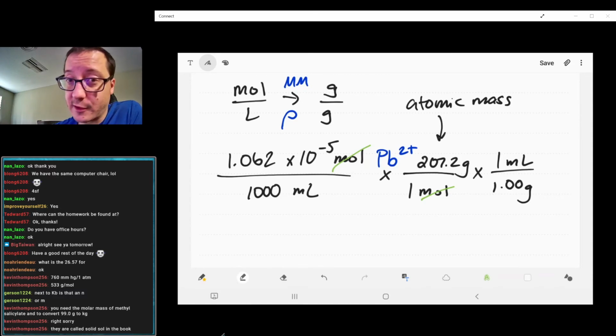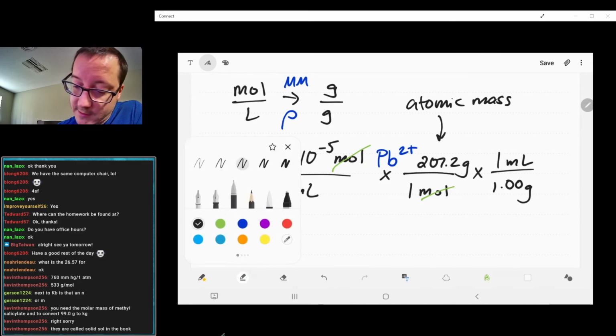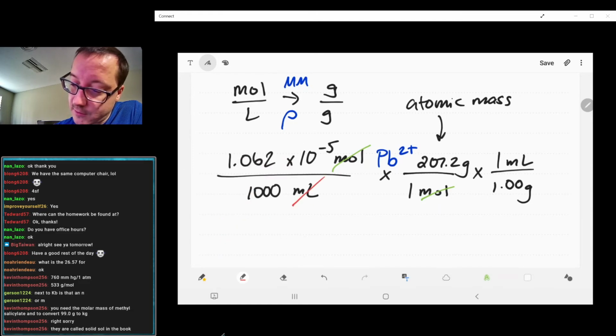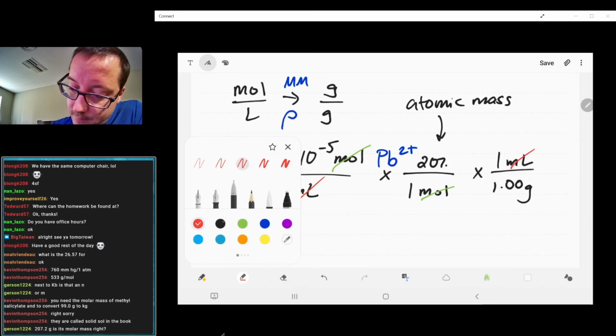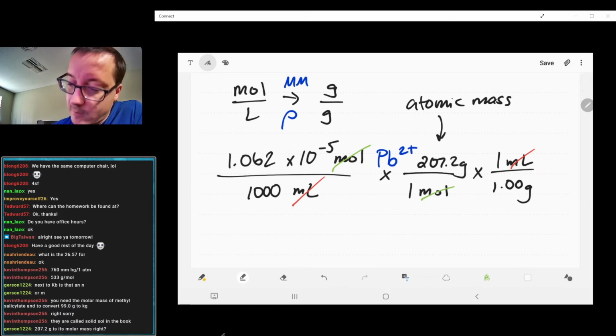We have grams of solute on the top, grams of solution on the bottom. We're going to see, just like any other unit conversion, these, no, that one's not going to cancel. Yeah, that's the atomic mass of lead, exactly. Just 2 unit conversions here, it's not too bad.